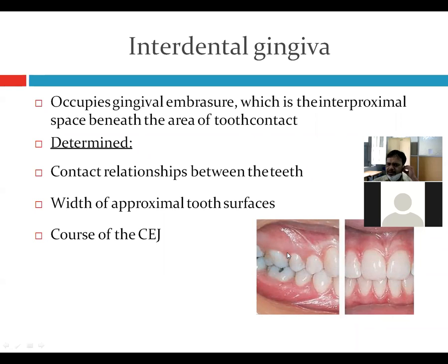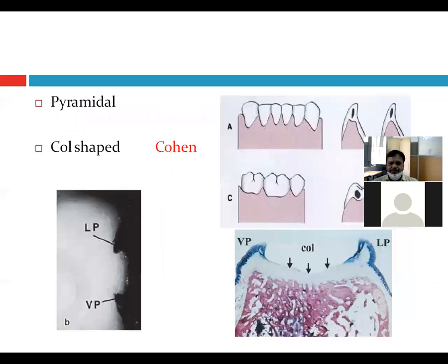It is determined by the contact relationship between the teeth, the width of the proximal tooth surface, and the course of the CEJ. The interdental gingiva in the anterior region is usually pyramidal in shape, whereas in the posterior it is somewhat flatter.